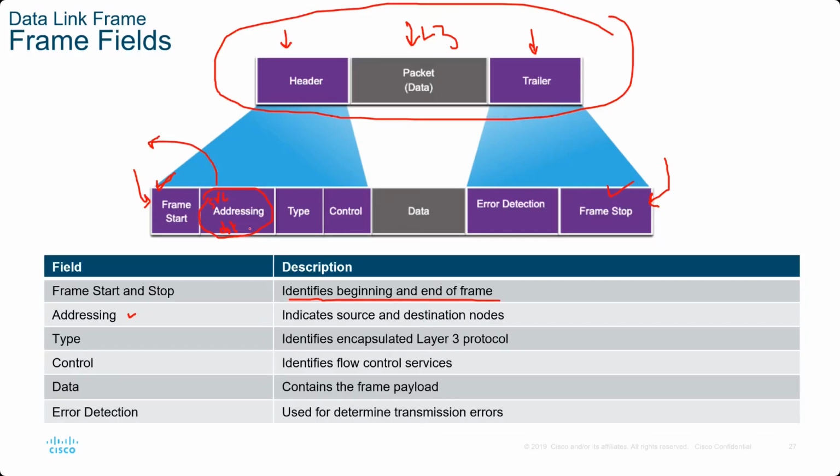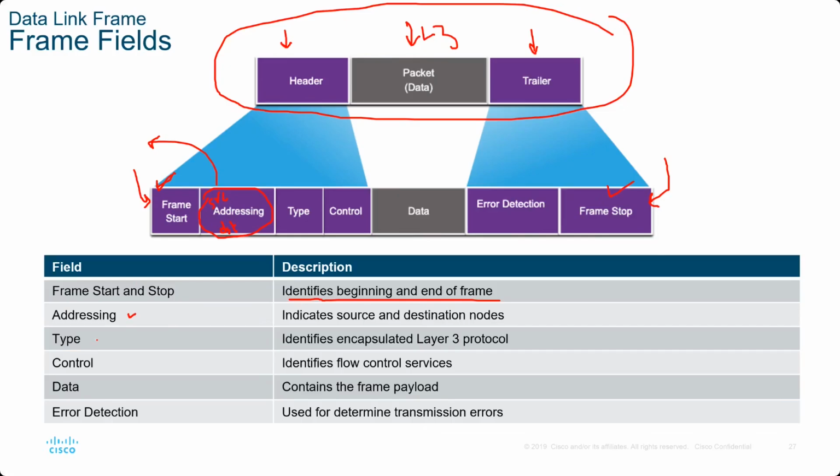But specifically, in the Ethernet frame, which is most commonly used, these addresses are the source MAC address and destination MAC address. I'm talking about only the wired Ethernet frame. If you're using wireless LAN, the frame addressing would look very different from the normal frame, because it has more problems to solve.